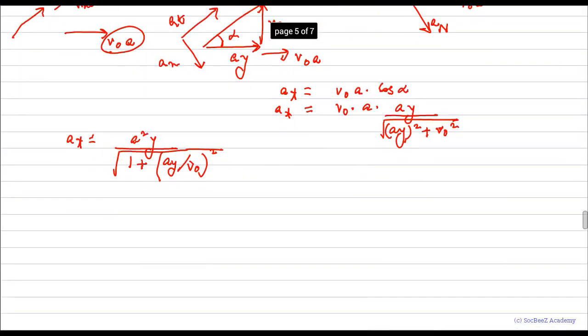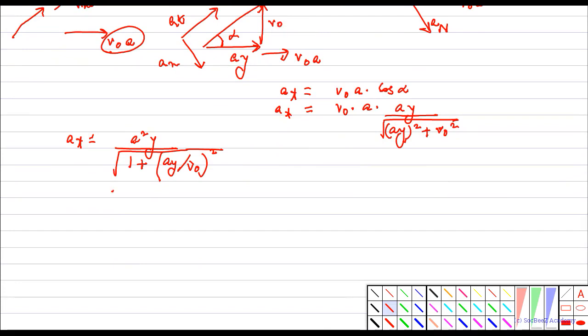And the normal acceleration is going to be nothing else but v0 into a into sine of alpha.